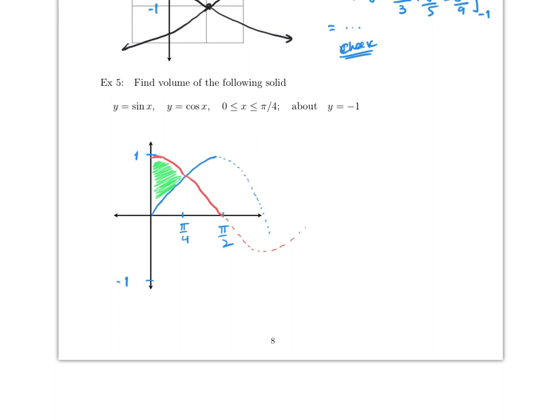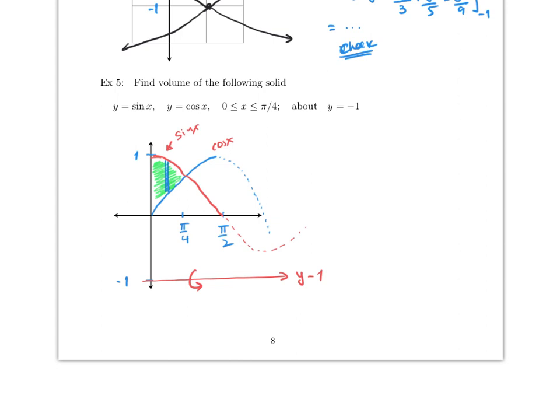So clearly you can see that sine of x is the upper one and cosine is the lower one. Then this one you are rotating on the line y equals -1. So we are rotating here. Therefore the partition has to be perpendicular to the axis of rotation, so the partition has to look like this.